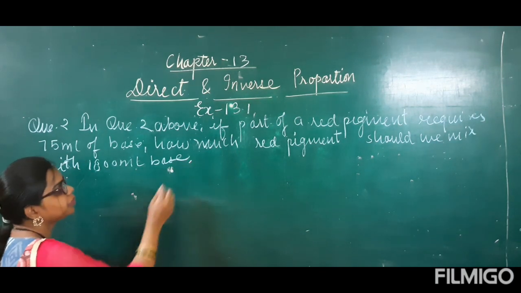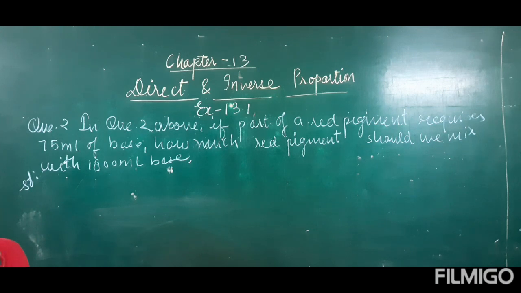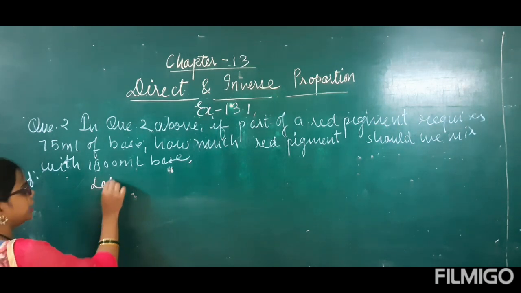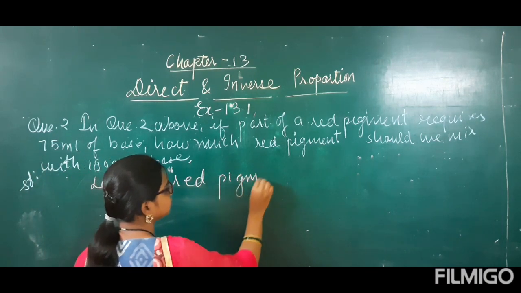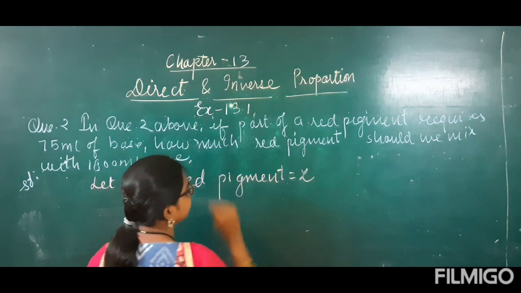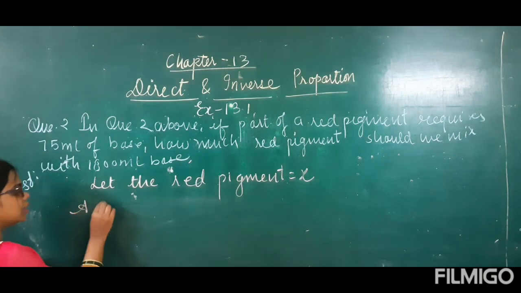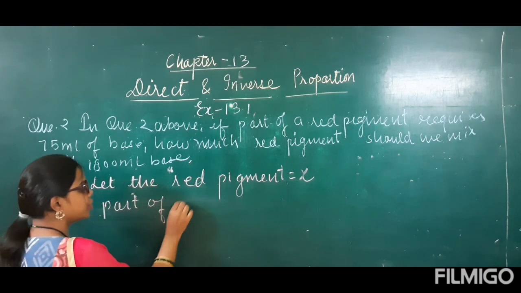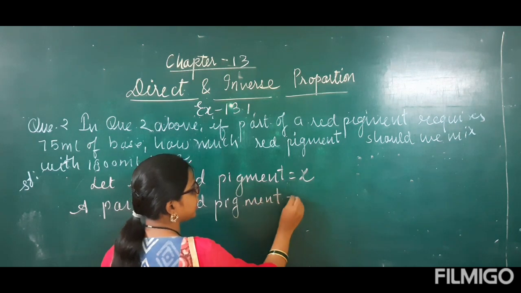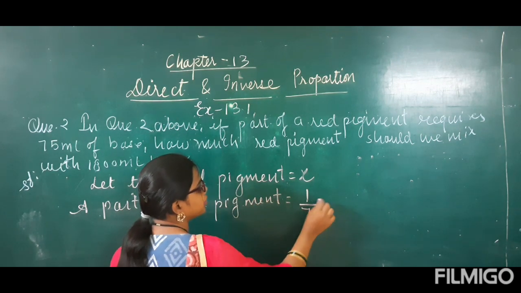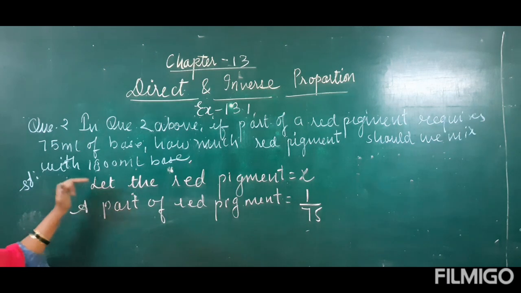We have to find out how much red pigment will be mixed with 1800 ml base. So let the red pigment be X. A part of red pigment requires 75 ml of base.